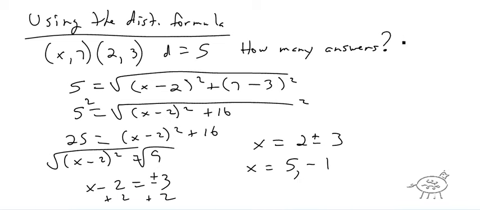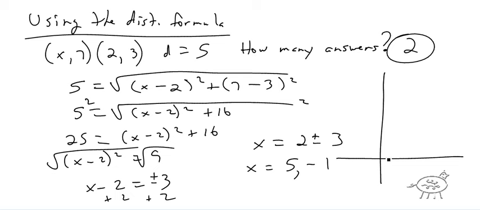Aha! 2 answers. How do you get 2 answers? Well, if I actually would sketch this, (2, 3) is right here. That's our starting point. And it's (x, 7), so it's going to be (5, 7). That's 3, 4, 5, 6, 7.